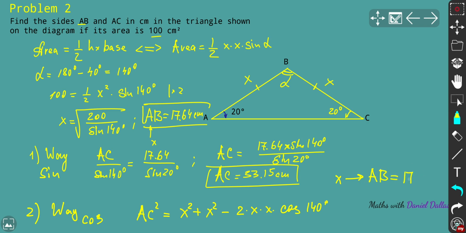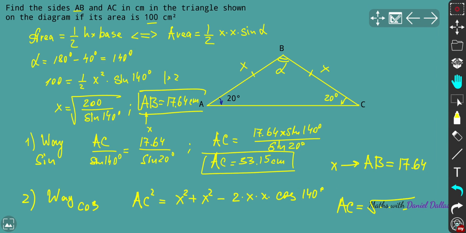And don't forget, finally, to take the square root of the final expression to get AC. I don't recommend this because the expression is a bit longer than it should normally be.